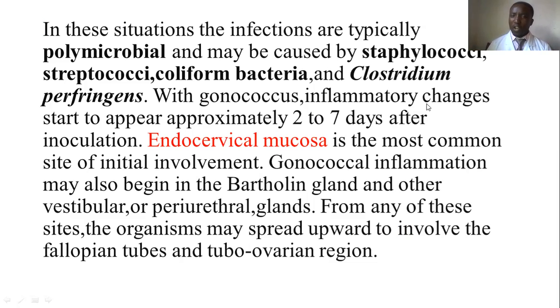As those magic bullets are being released, they destroy the invading microbes, the invading enemies, which are the bacteria in this case. And as they are destroying the microbes, at the same time, they also damage the normal tissues, and that marks the beginning of inflammation.